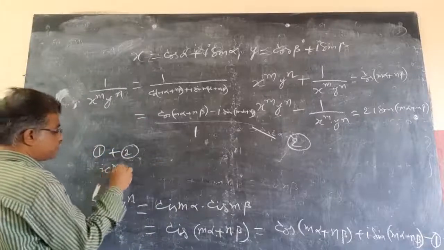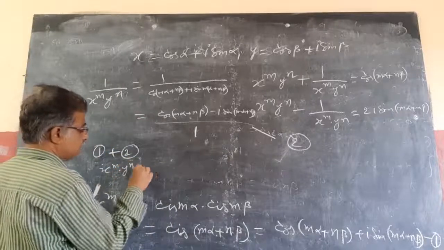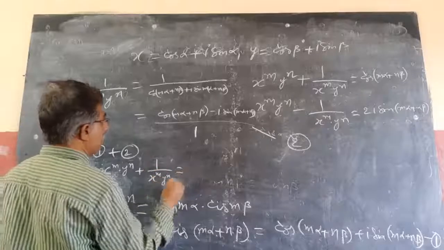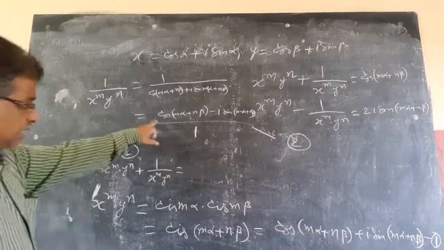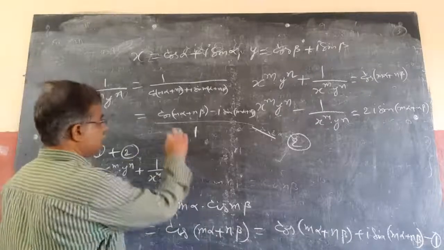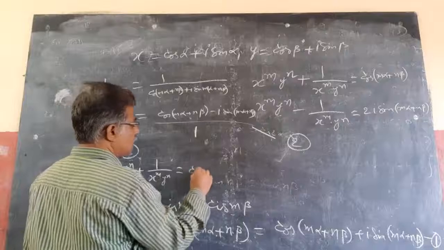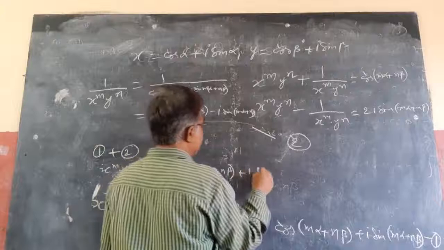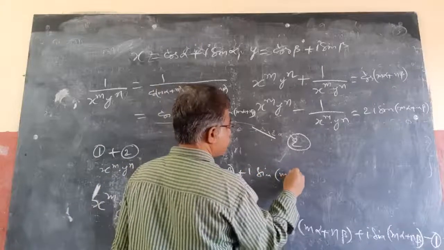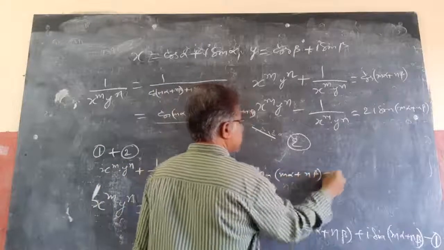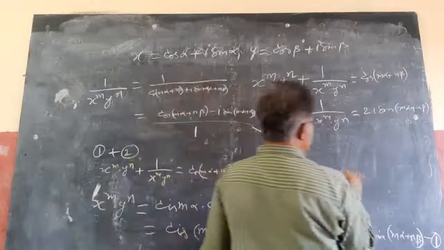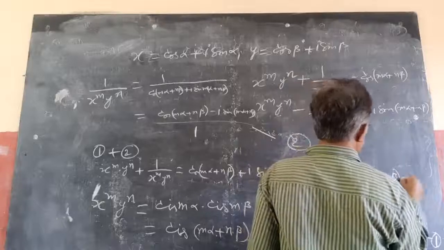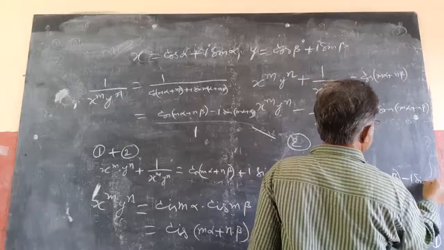x power m into y power n plus 1 by x power m into y power n equal to this side. I am adding both, is equal to adding these two. So what do I get adding these two? cos m alpha plus n beta plus i sin m alpha plus n beta, plus this part cos m alpha plus n beta minus i sin m alpha plus n beta.